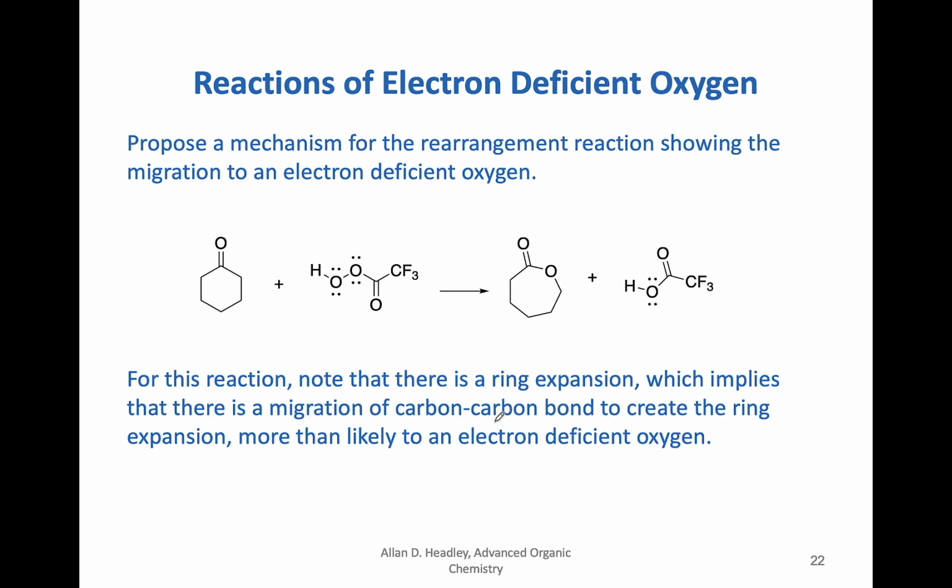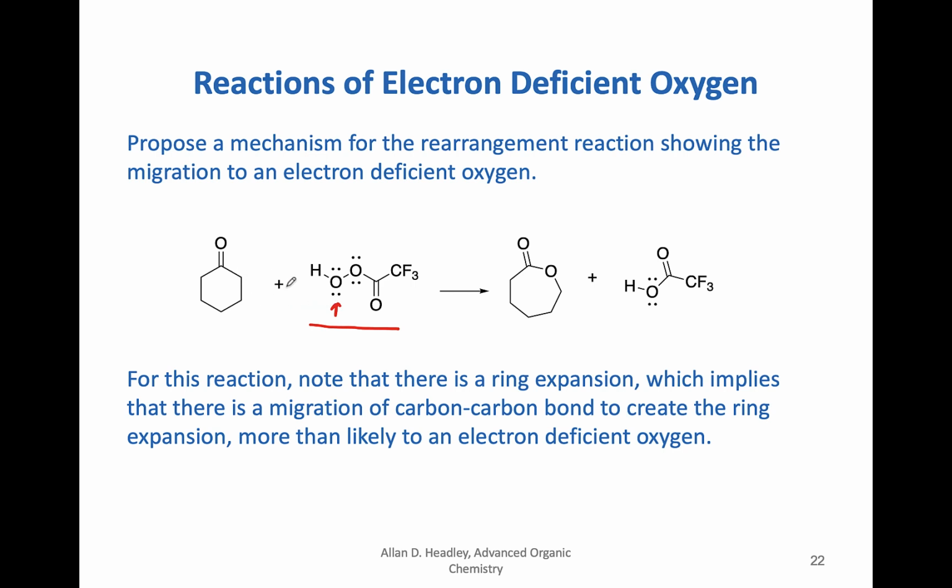Let's look at another example here. So here we have the same peroxy acid, in this case trifluoroperoxyacetic acid. Notice it's a peracid because it has an extra oxygen. As you can imagine, protonation occurs here, then the conjugate base comes in here to create this oxygen as the electron deficient oxygen.